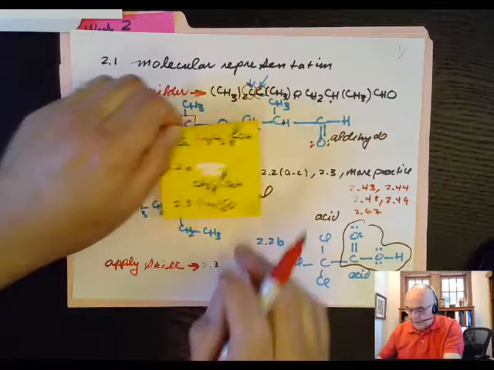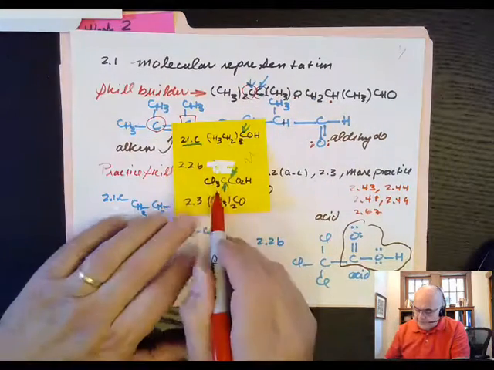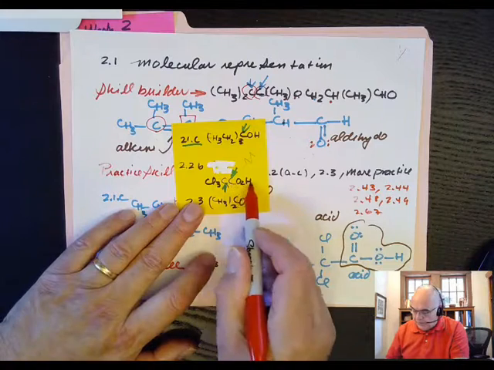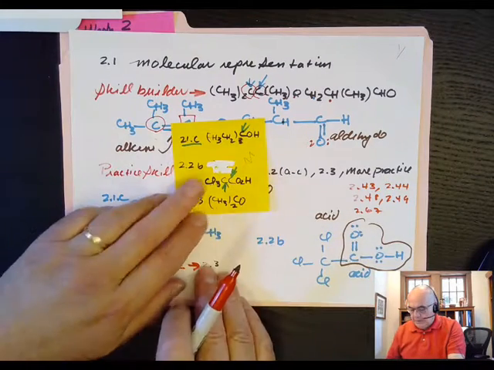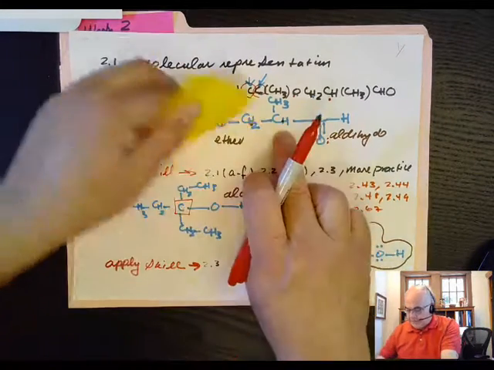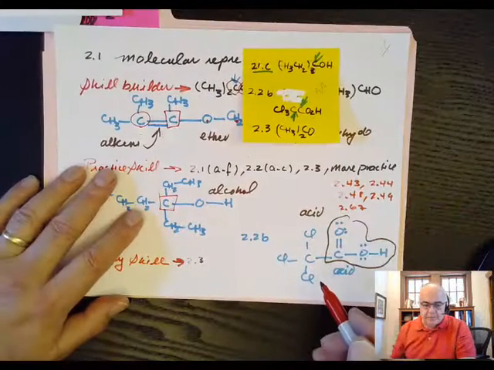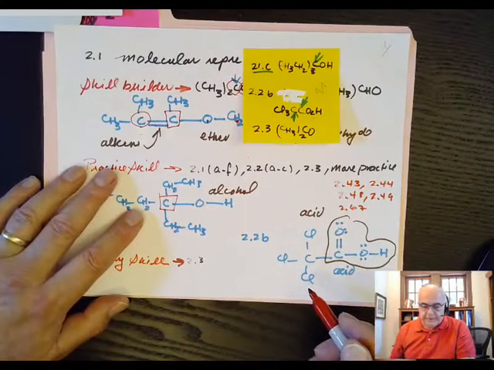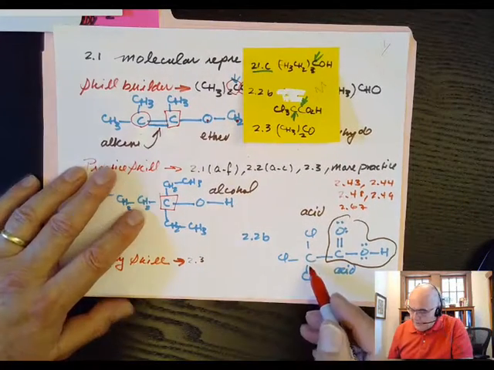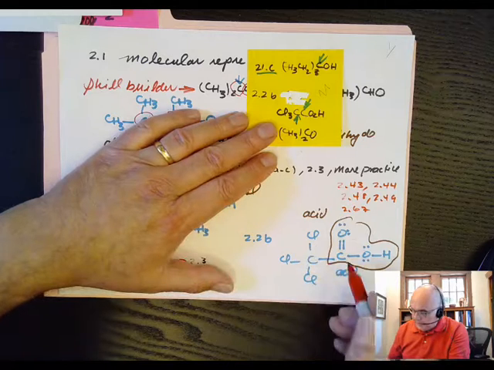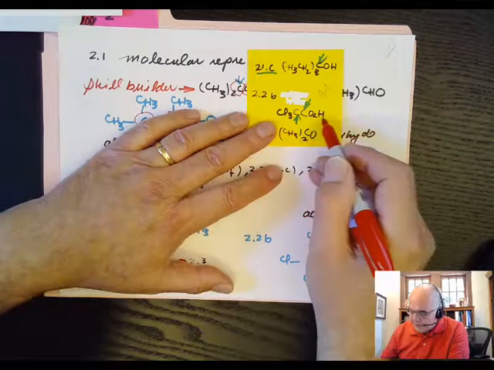The next one I did quickly was Cl3CCO2H. So how are we going to do that? Let me post it over here. We're looking at the carbon. This carbon has 3 Cl. Then we look at the CO2H.